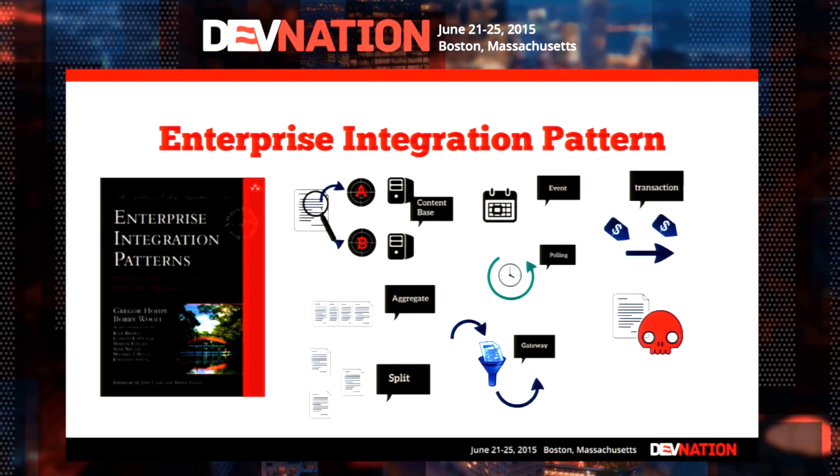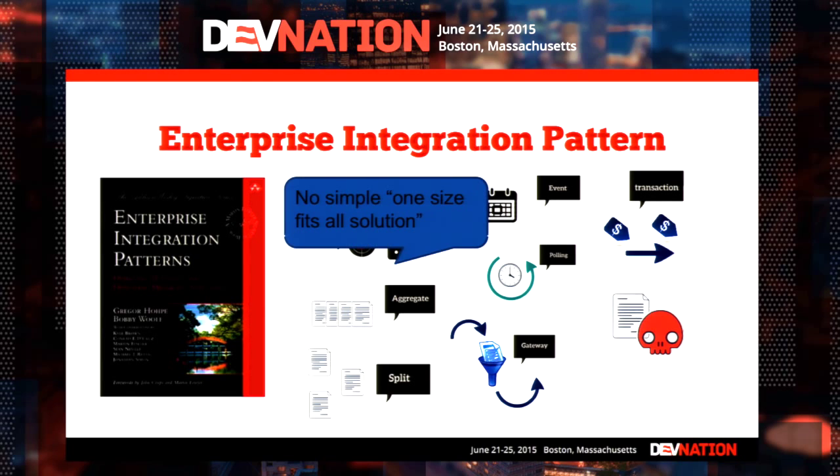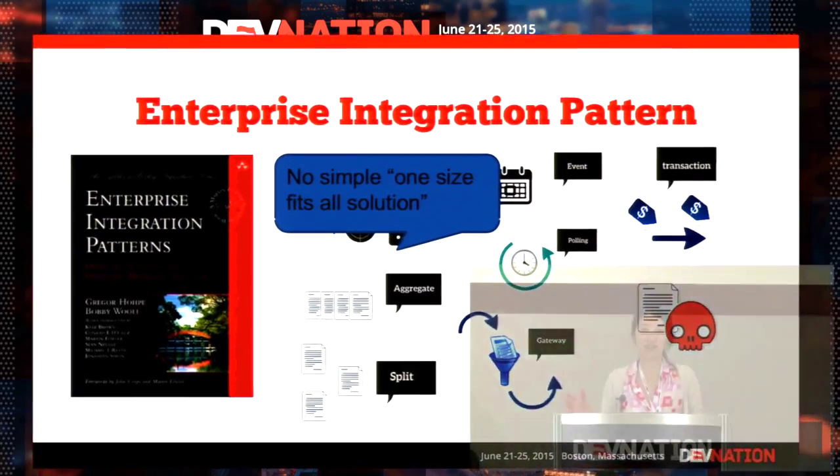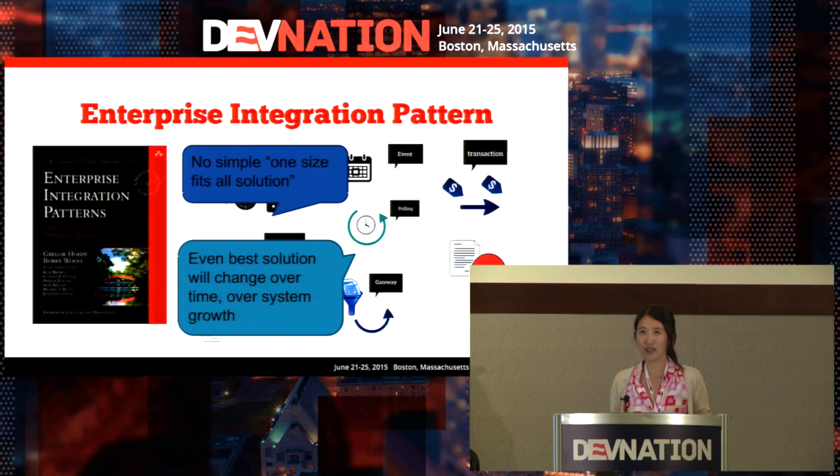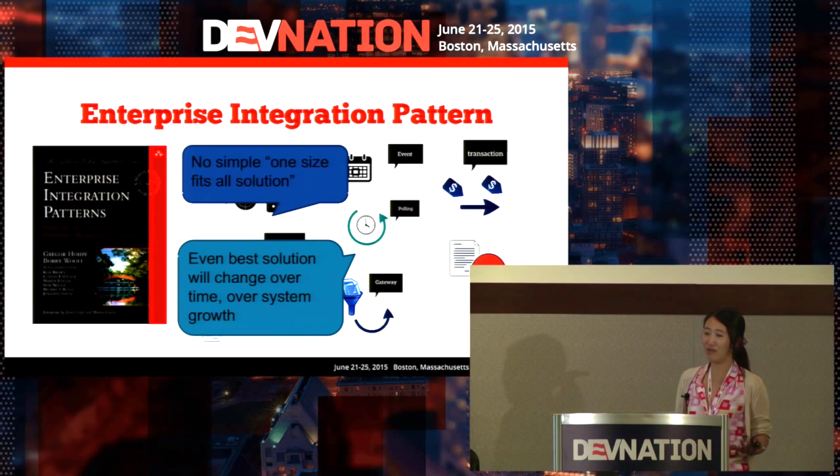And the other good thing about Camel is the integration patterns. Because there is no one-size-fits-all solution. There's no way, right? Every integration problem is complex and different. And to make sure that we always have our job, even the best solution changes over time because the requirements change and the situation, even the environment, changes.